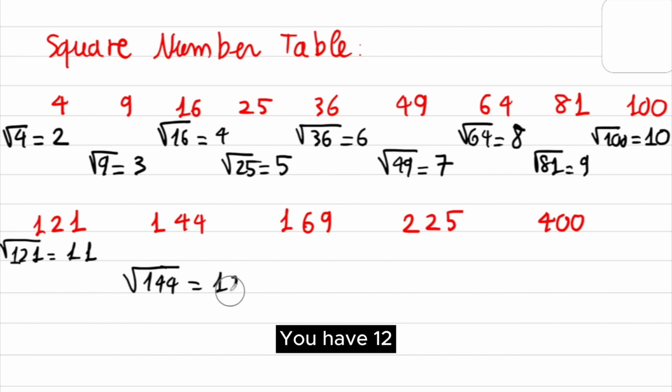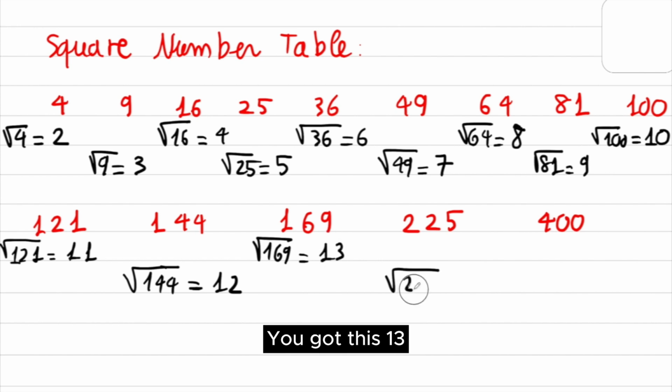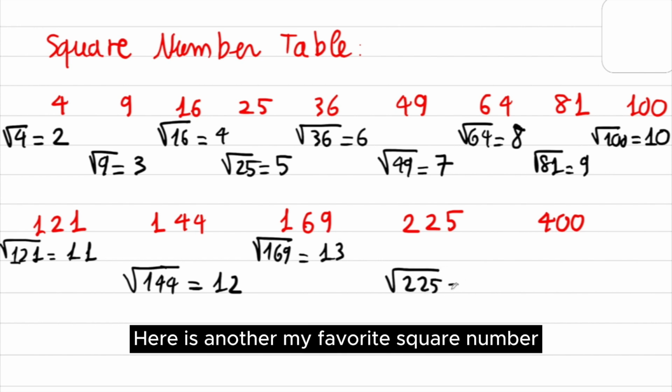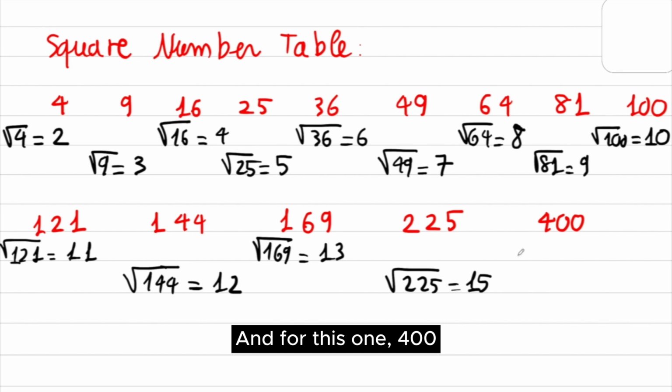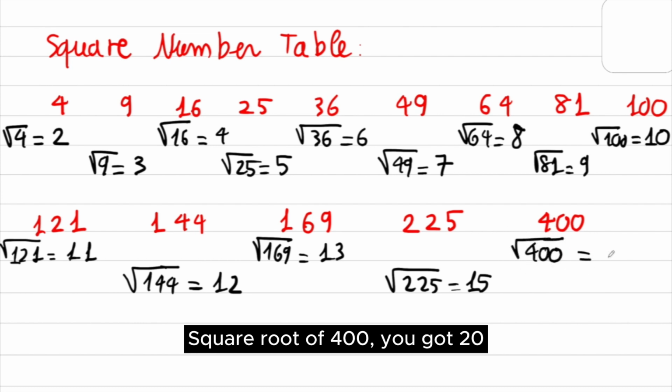You have 12. 169, you get 13. 225, here is another of my favorite square numbers, very easy: 15. And for 400, the square root of 400, you get 20.